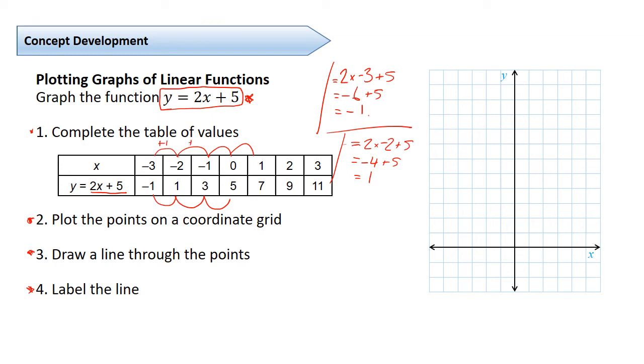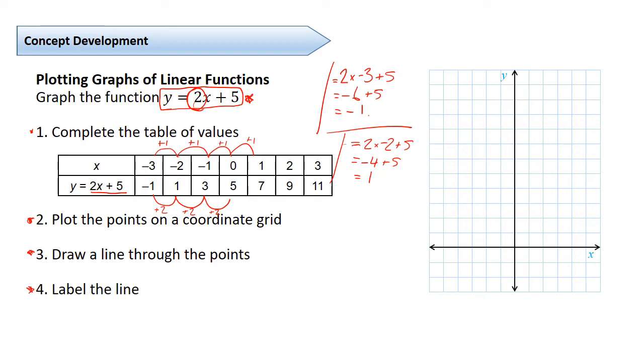So if I just write up here plus 1, plus 1, plus 1, plus 1, our y is increasing by plus 2. And that's no coincidence, right? Our rule up here with the 2 in front of the x tells us that. That is how much my y is going to increase for every single x.